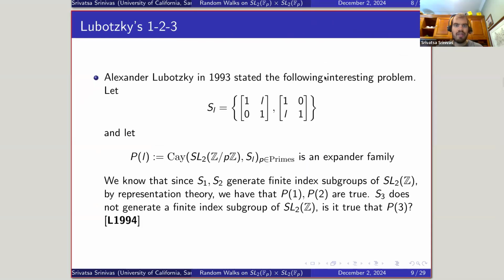All right. So now we get to Lubotsky's 1, 2, 3 problem. So in 1993, Alexander Lubotsky stated the following interesting problem. Let S sub L be these following generating sets of SL2 Z mod PZ.